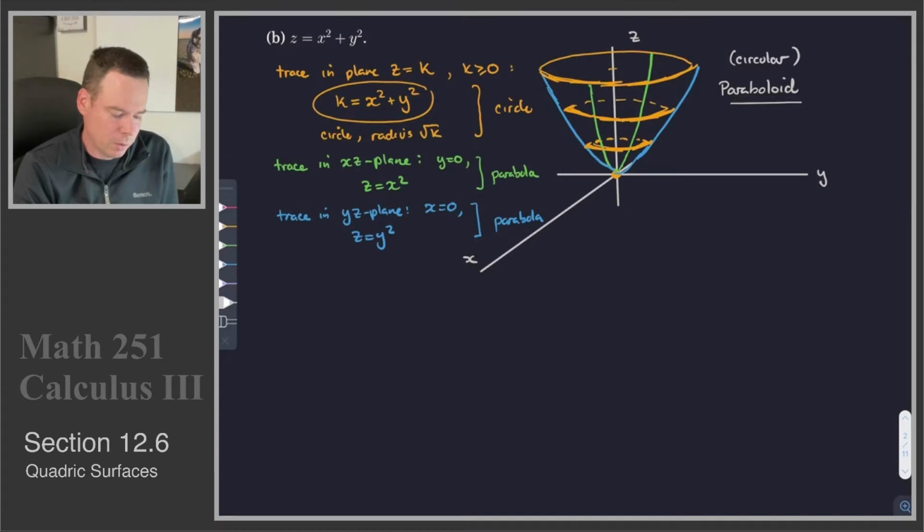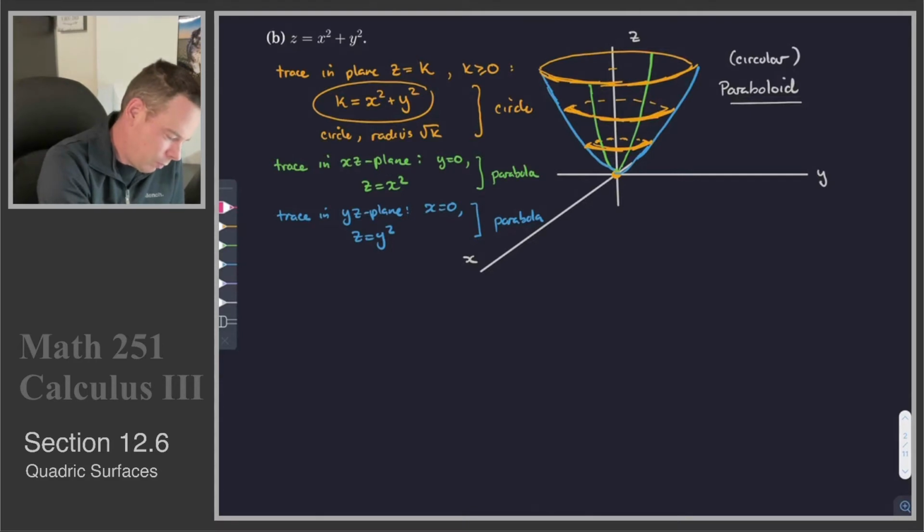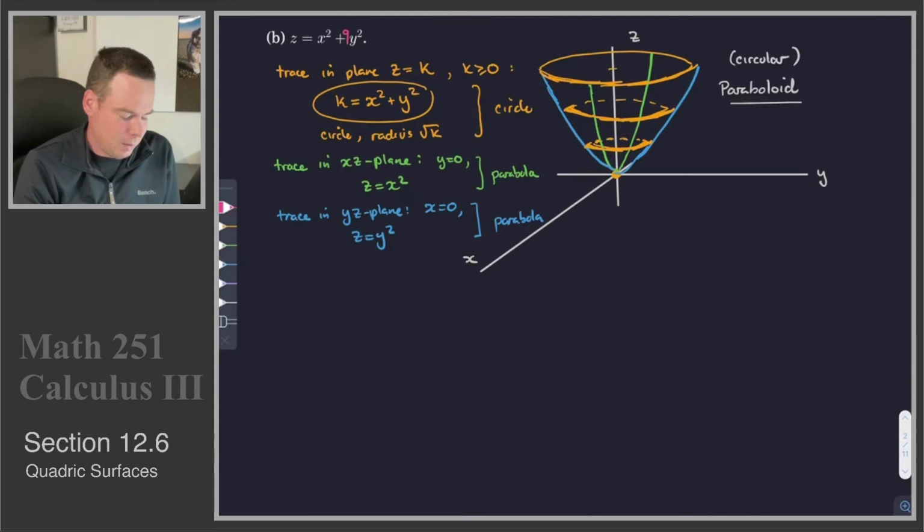So we could call this a circular paraboloid, as opposed to an elliptic paraboloid, which we could get by maybe throwing some various values in here. Like if I threw a 9 in front of the y, then the cross sections or the traces in the z direction would no longer be circles. They'd be ellipses. So we would call that an elliptic paraboloid.